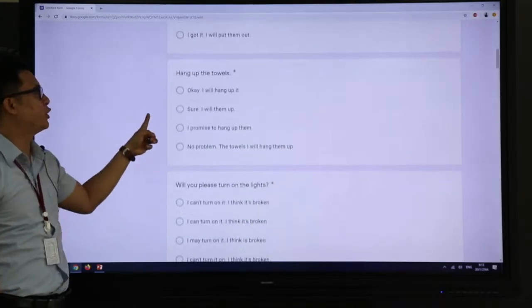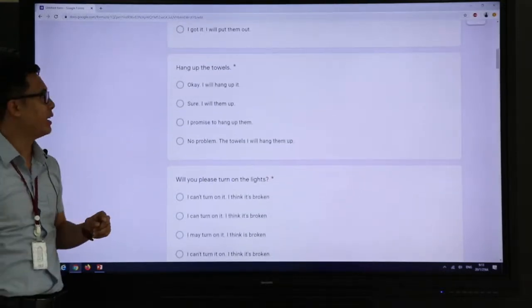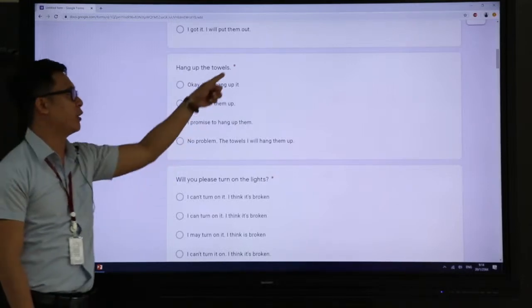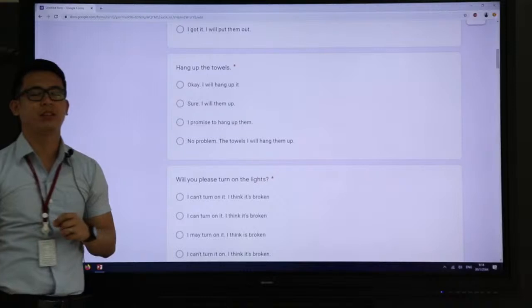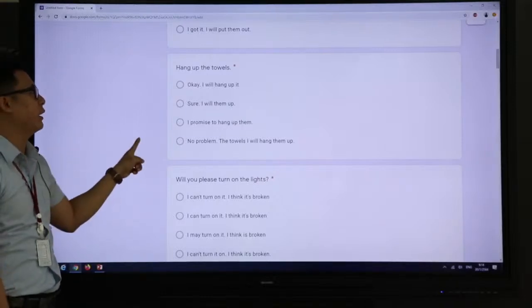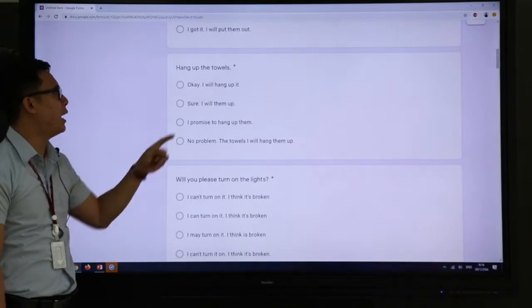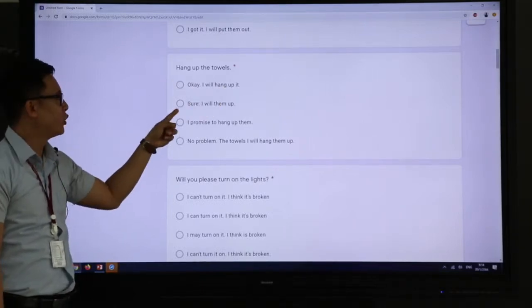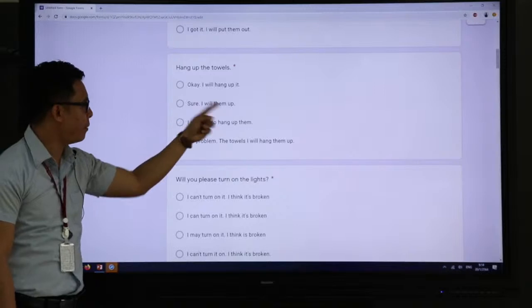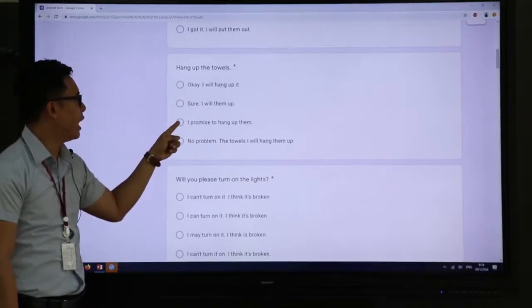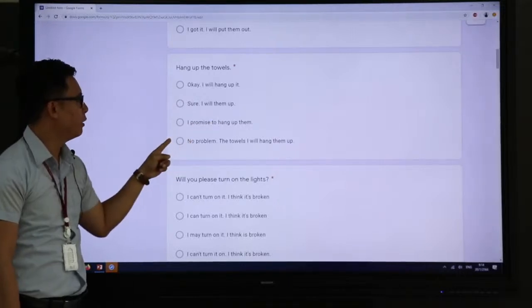Next, number 3. The request is hang up the towels. Take note on the word towels. This one is plural. Next. So the choices are, okay, I will hang up it. Sure, I will them up. Number 3, I promise to hang up them.